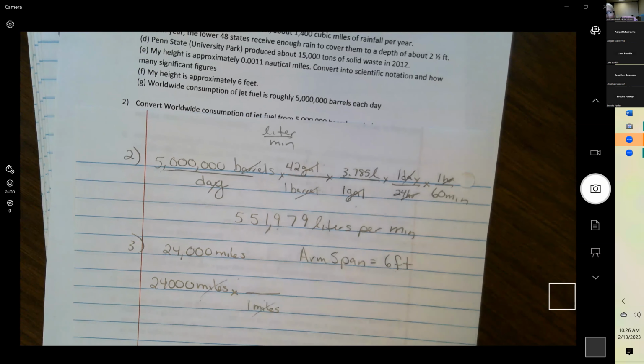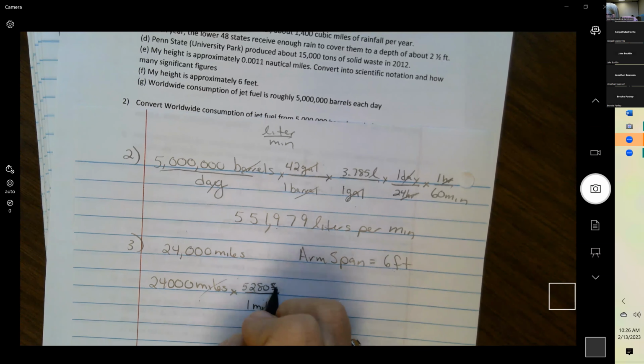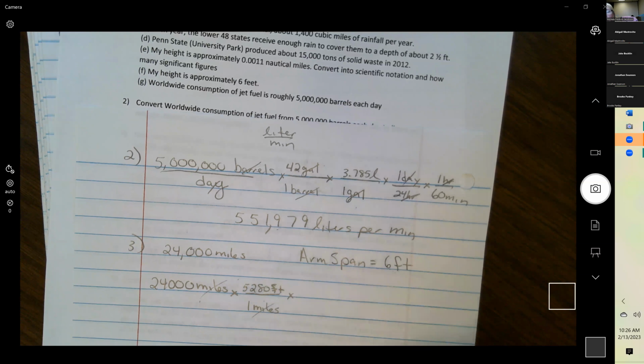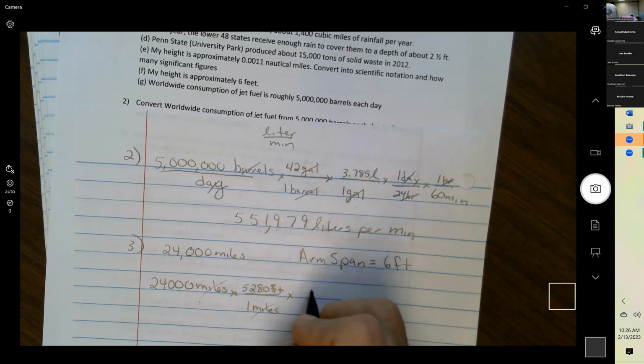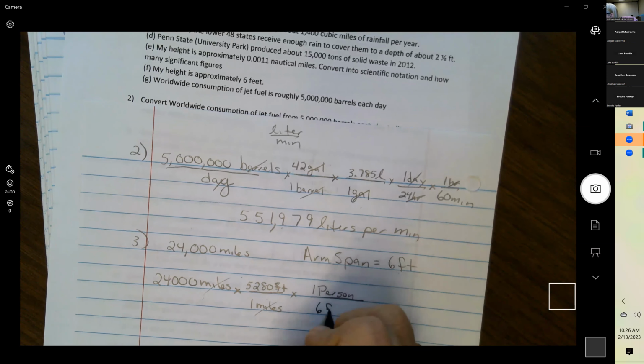Does anyone know what the feet is? 5,280 feet. And we're saying one person is 6 feet arm span.